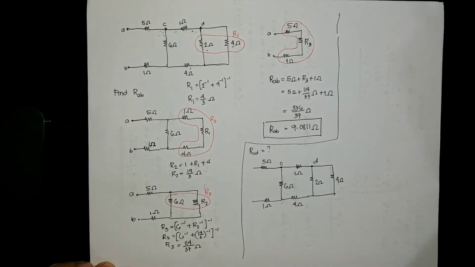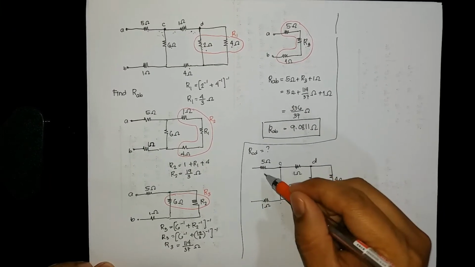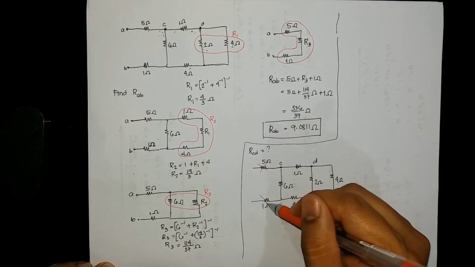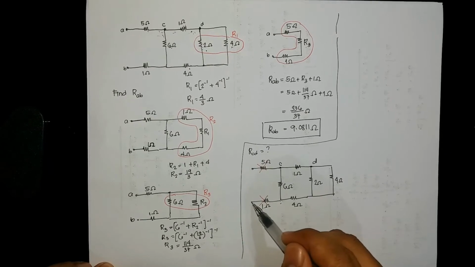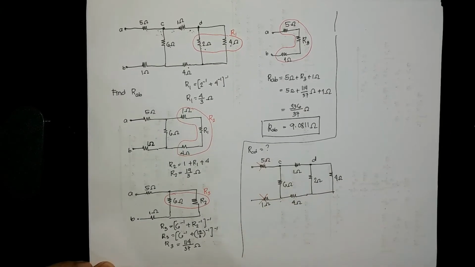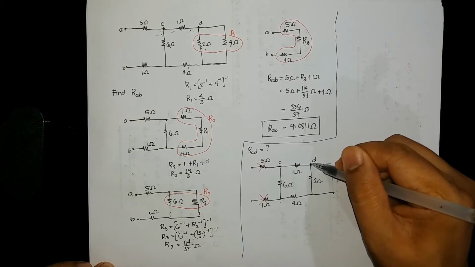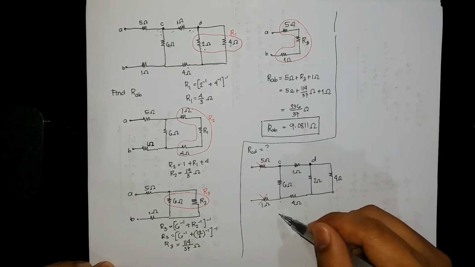But these two resistors, if we're going to measure at point C and point D, will no longer be included. Why? Because they are open at the end. So, in terms of computation, they will no longer be included. So if you're going to solve for C and D, this is what will be left.